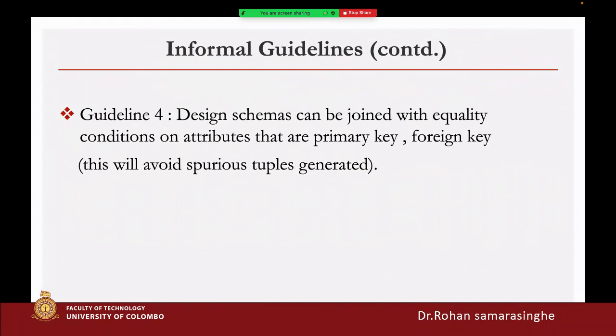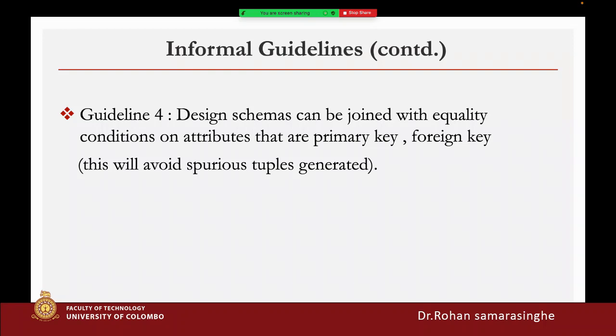Another guideline is to design schemas that can be joined with equality conditions on attributes that are primary keys. When you are going to design the schemas of a certain database, the schemas should be joined with equality conditions on attributes that are primary key and foreign key.